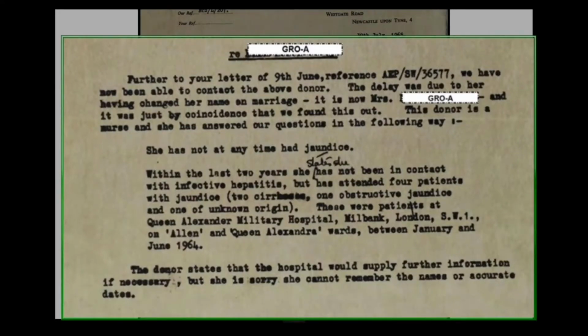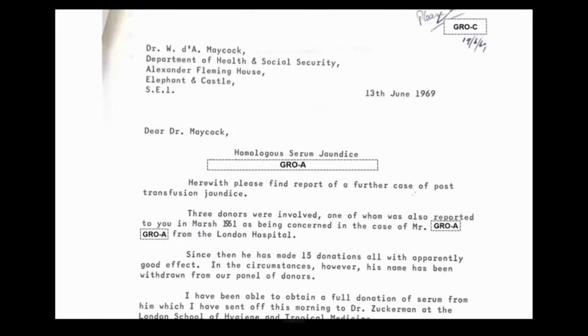Other difficulties of record keeping are also present in the documentation we have. If we could have DHSC 01200113_017, please. It's a letter from June 1969 from the North East Metropolitan Regional Blood Transfusion Centre to Dr. Maycock.